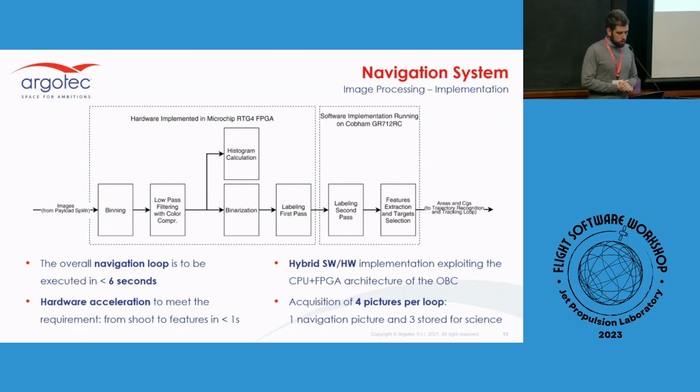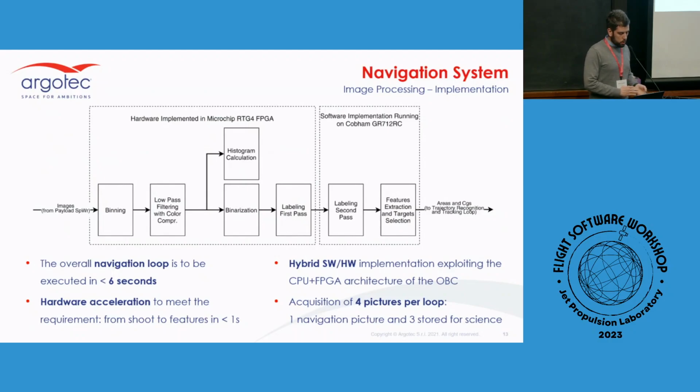So in order to meet the requirement that each navigation loop should be executed in less than 6 seconds, and this was required in order to be able to actually look at the asteroids during the faster part of the flyby, we had to go with a hybrid software and hardware implementation, where we exploited the presence of an FPGA from Microchip, an RTG4 FPGA on our onboard computer.